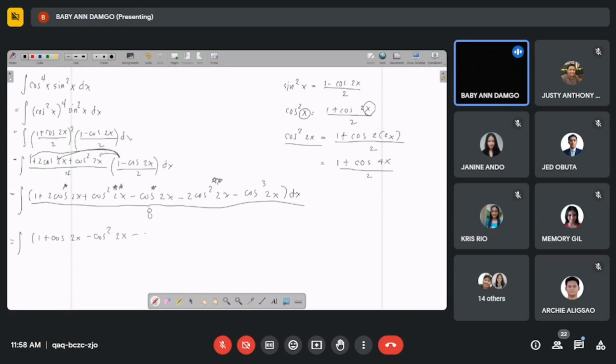Then we have minus cosine cube 2x dx over 8. Okay, so we have 1 over 8 integration of dx plus 1 over 8 integration of cosine 2x minus 1 over 8 integration of cosine squared 2x minus 1 over 8 integration of cosine cube 2x dx. Okay.